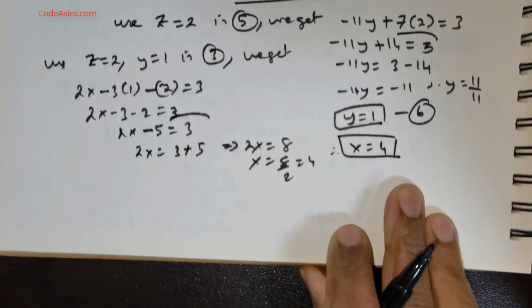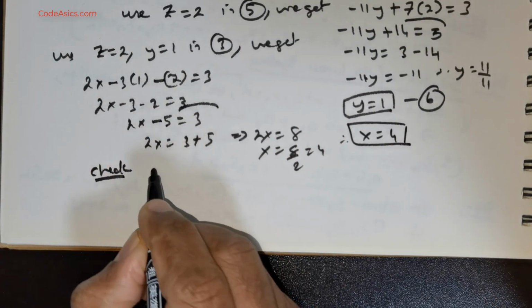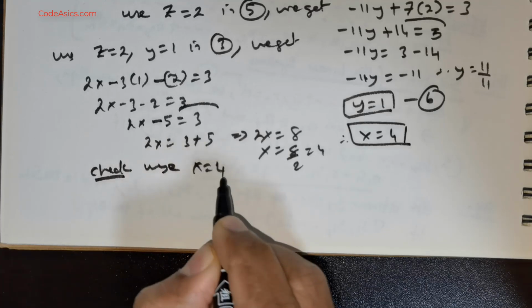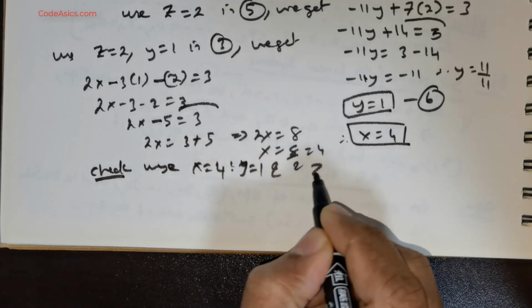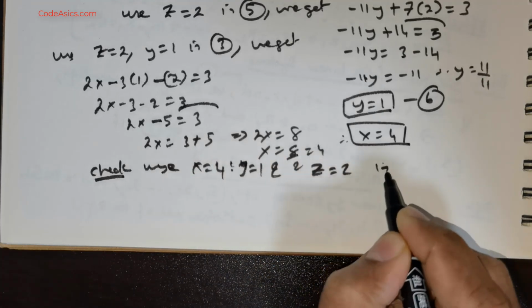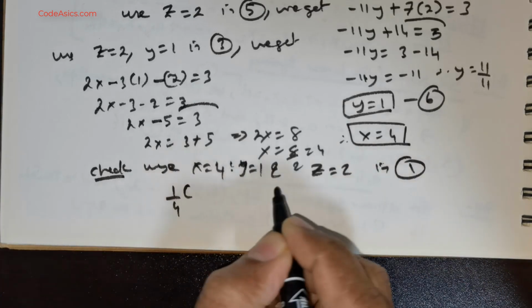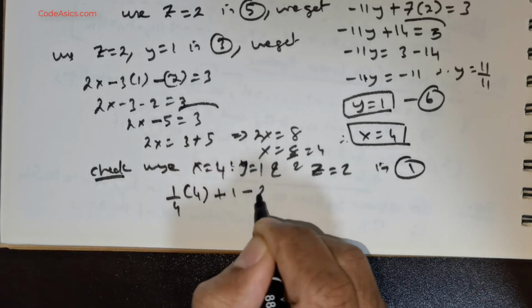Now, you got x, y, z. Next, you have to check. I'm going to use x is equal to 4, y is equal to 1, and z is equal to 2 in 1. So what is the first one? 1 times x is 4, plus y is 1, negative z is 2.